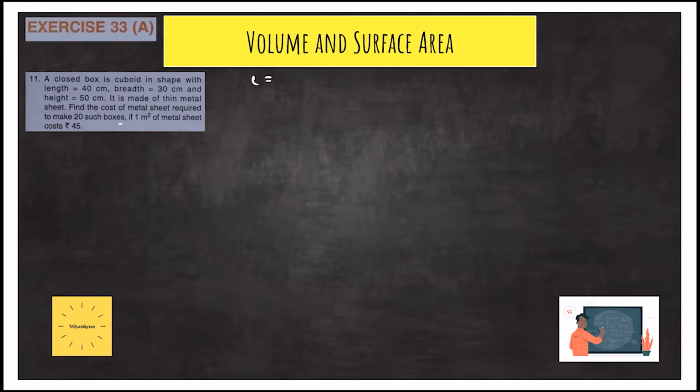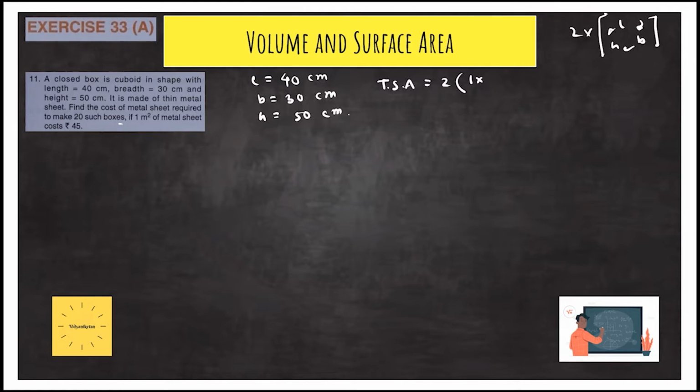L is equals to 40 centimeter, then B equals to 30 centimeter, and H is equals to 50 centimeter. So the total surface area, TSA, the formula is 2 into L, just remember this particular thing, LBH, it was in a circular manner, and ultimately we need to multiply 2 with this.